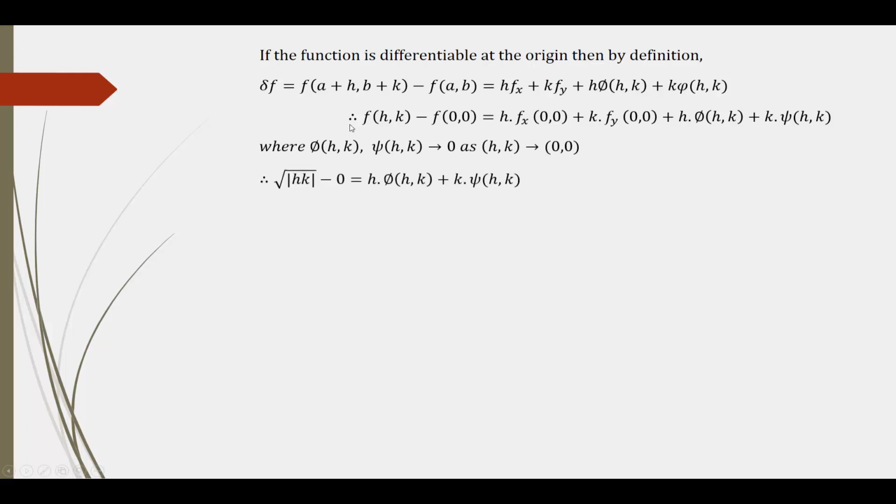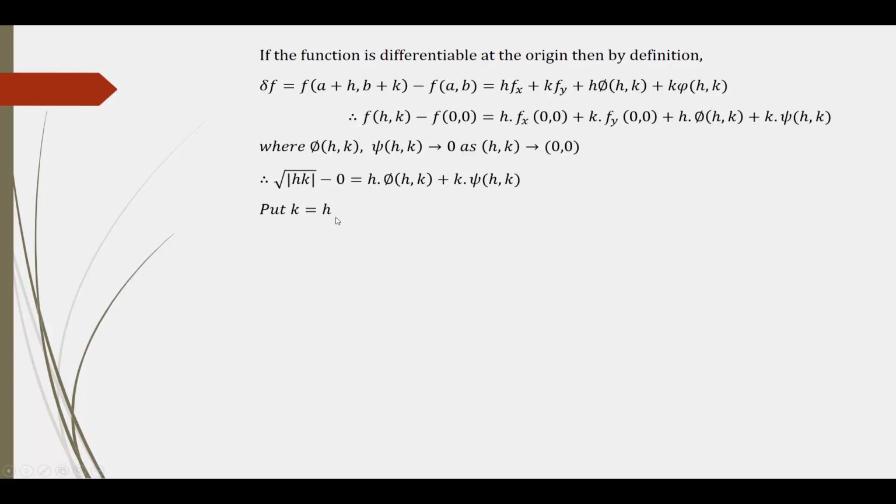Now put in the values of f(h,k). We know the function f(x,y) is square root of mod xy. So f(h,k) is square root of mod of hk, minus f(0,0), which is 0, equal to h into fx(0,0), which is 0, so h into 0 is 0, plus k into fy(0,0), which is 0, plus h into phi(h,k) plus k into psi(h,k).